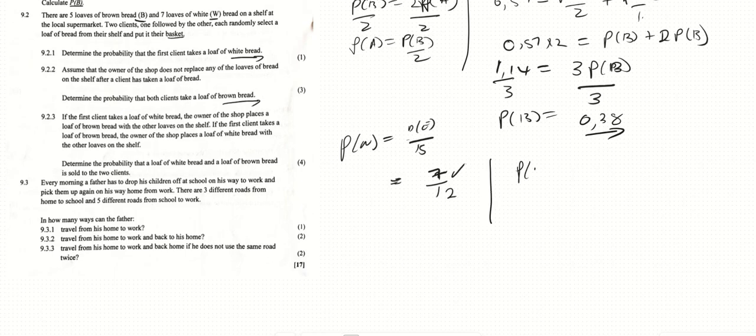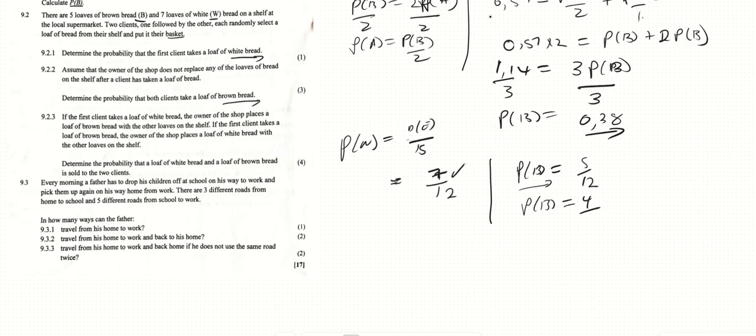The probability of choosing brown bread the first time will be 5 out of 12. But the probability of choosing brown bread the second time: now we have removed 1 brown loaf already, so I am left with 4. Remember, without replacement. If we're taking out, we choose out of 4 because 1 brown is out.